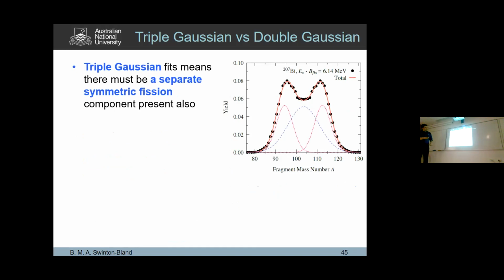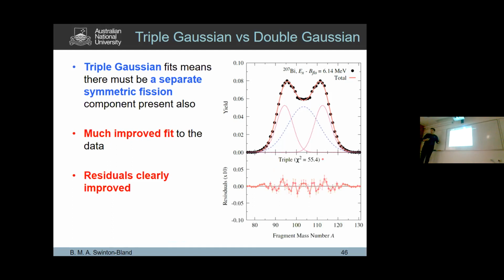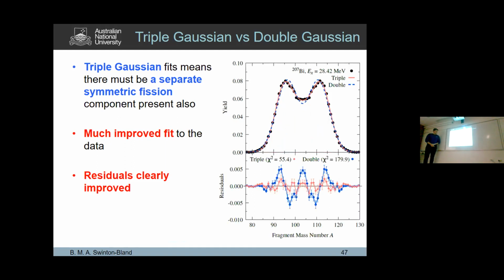We see that there's a much better fit to the data, especially at mass symmetry. And that is also highlighted in the residual plot. The residuals are significantly closer to zero with very minimal structure. So, if you're not convinced, I've shown them both in the same plot as well, just to highlight how bad a double Gaussian fit actually is.